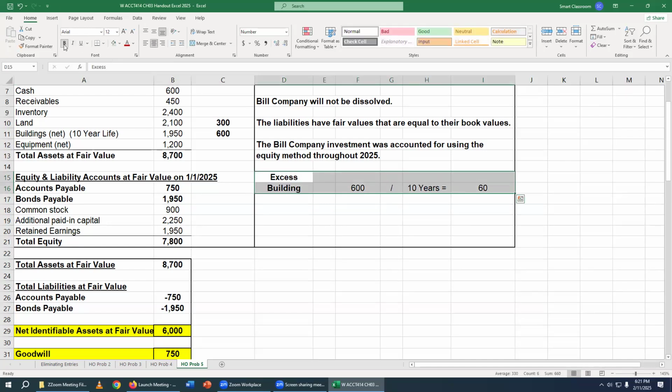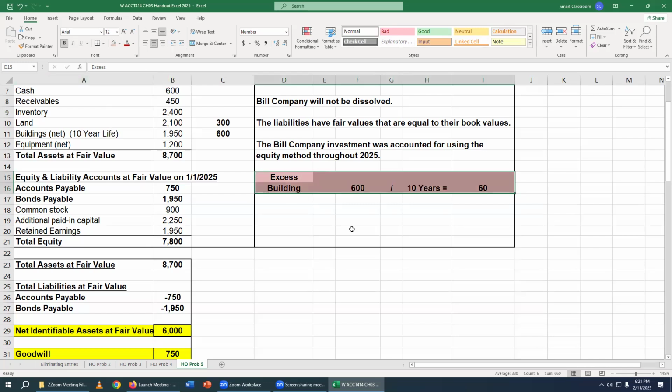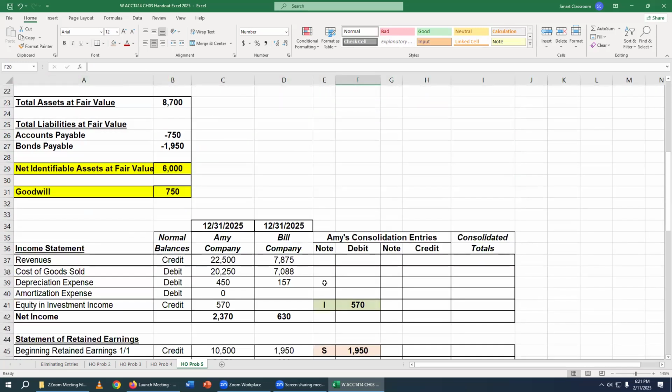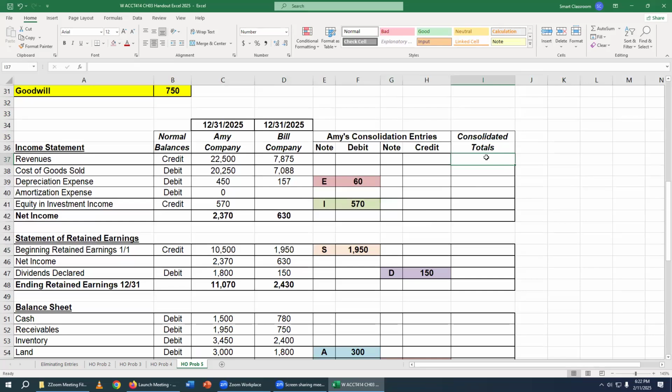So this will be the excess. Okay, well, let's see how this thing works out.